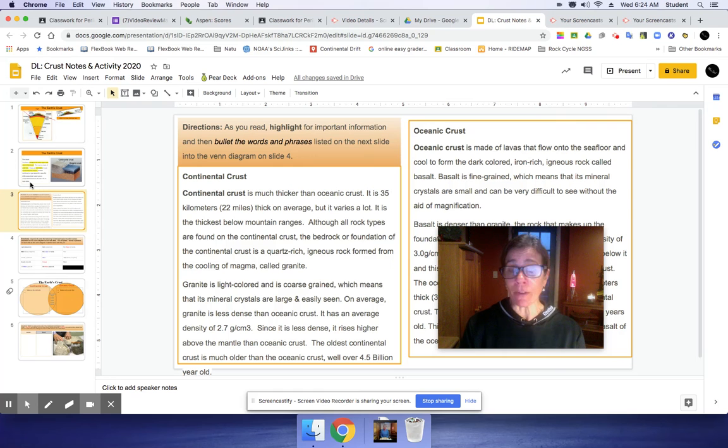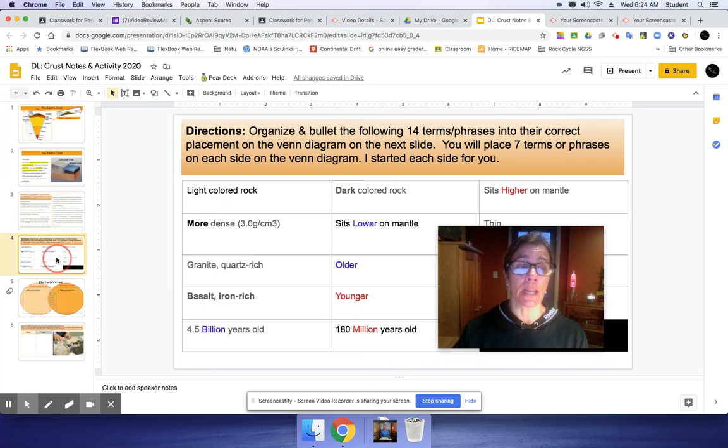So what I would like for you to do on this slide is read and highlight for important information. We're really looking for those descriptions that characterize the continental crust and those descriptions that characterize the oceanic crust. Highlight for those specific things for each. Once you read and highlight, you go on to slide 4.